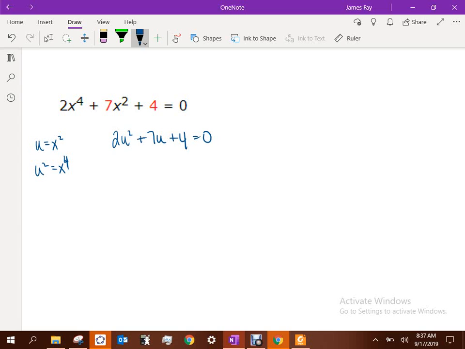And I look at that and I say, okay, well, nothing factors out. There's no GCF there. 2 won't divide out of everything. So I try the AC method, which gives me 2 times 4 is 8. There's nothing that multiplies together to give me 8, but adds up to give me 7. So what do I have to turn to here when I want to factor that thing?